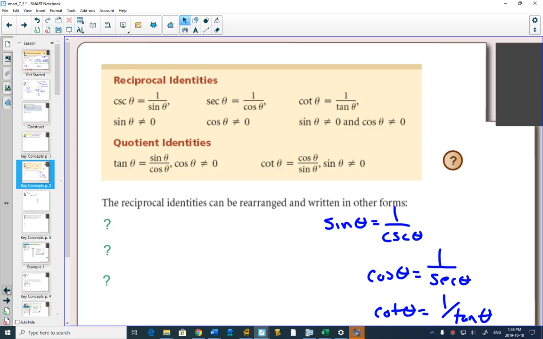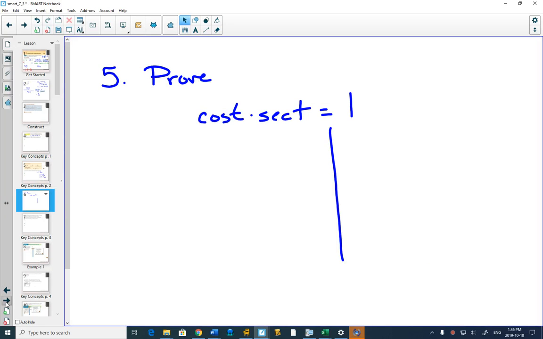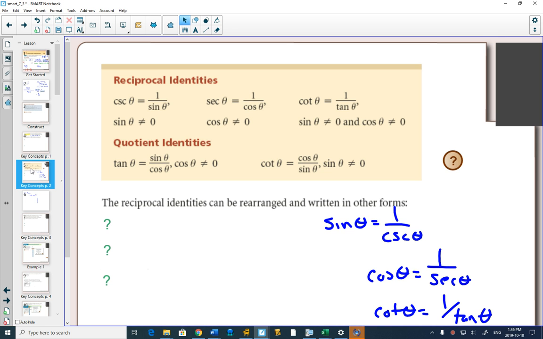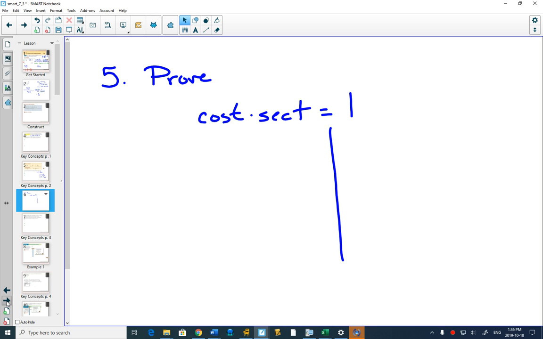What you're allowed to do is look at an equation and say, can I change this to something? For example, what can I change secant to? That's one of my reciprocal identities. I know that secant is 1 over cos. So I can go to my equation and change secant to 1 over cos.